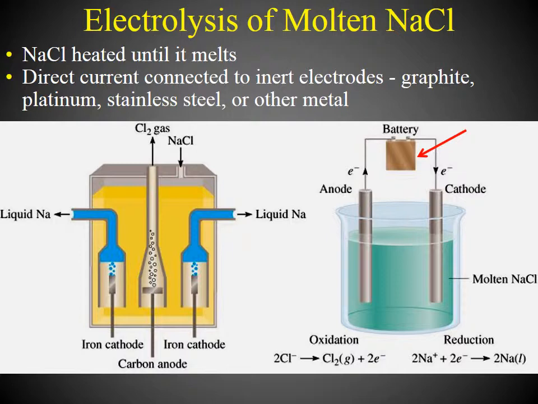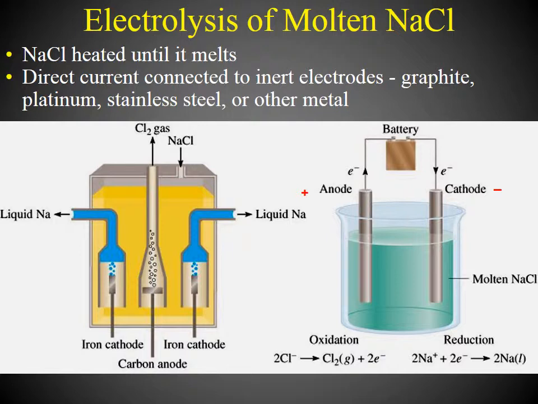We attach the cathode to the negative side of the battery, and as a result of that, the sign convention that we use, the sign of the cathode in an electrolytic cell is negative, whereas for an anode the sign convention is positive.